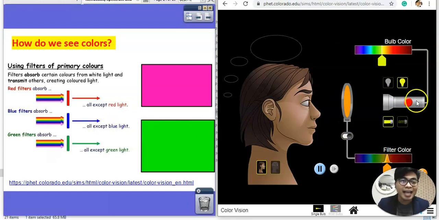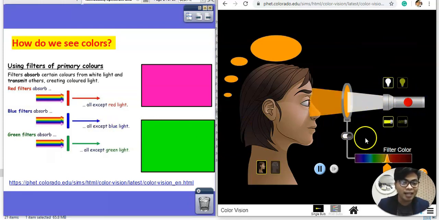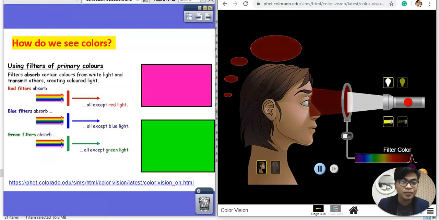Light contains all the colors, so let's use white light here. When we use the yellow filter, what color do we see? We only see yellow. If you use the red filter, you can only see red. If you use the violet or purple filter, we can only see violet. Or if you use the blue one, we see blue.